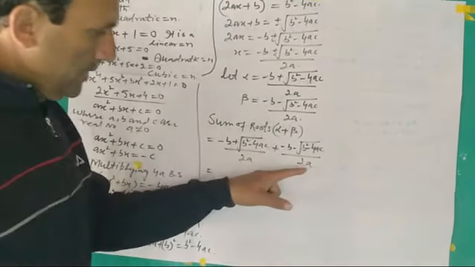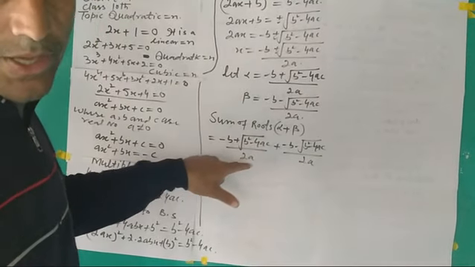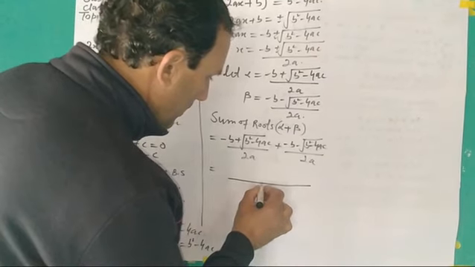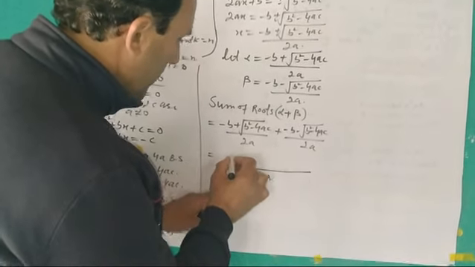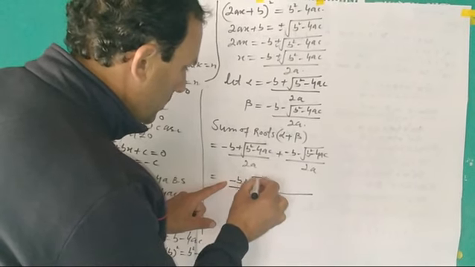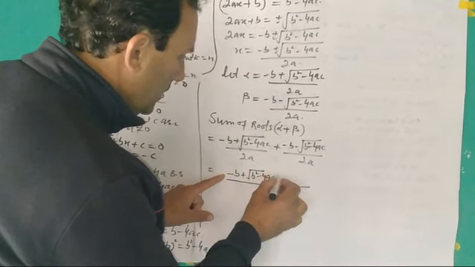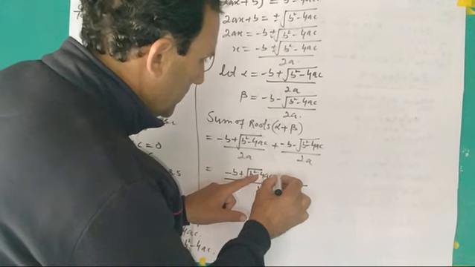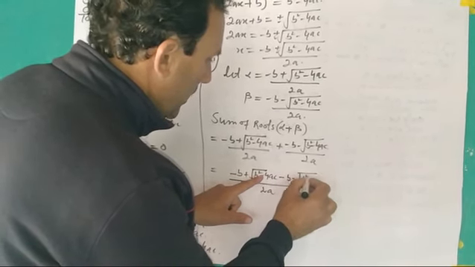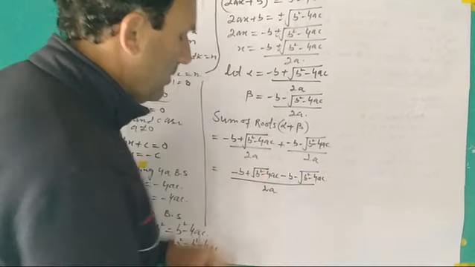Here the LCM is 2a, because 2a is here, 2a is here, so the LCM becomes here 2a. This is minus b plus under root of b square minus 4ac plus minus b minus under root of b square minus 4ac.